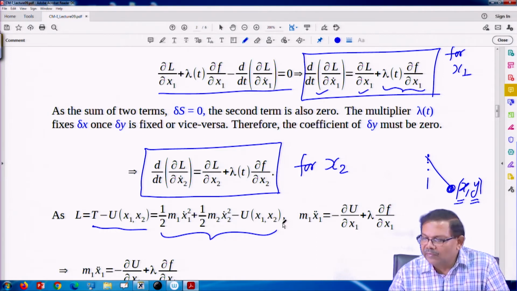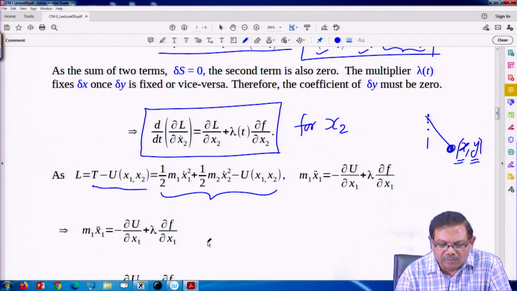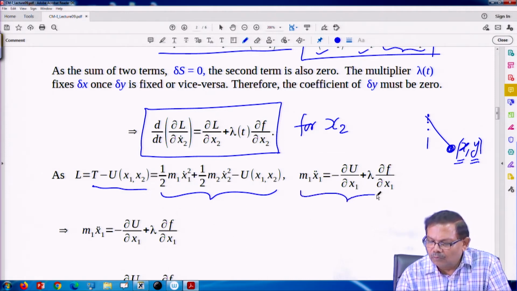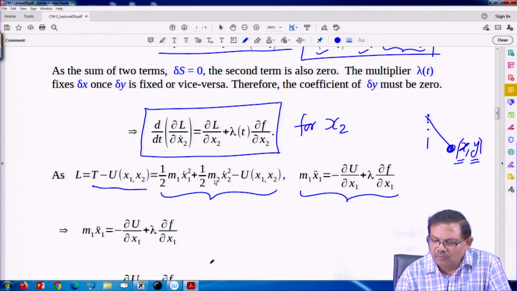So, in such cases we can have two equations of motion, one for mass m 1, the other for mass m 2.